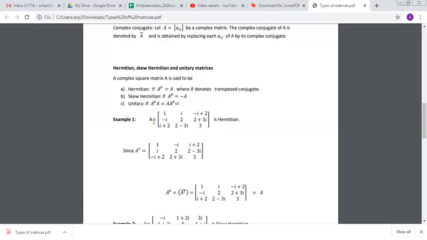Example 1. A equals [1, i, 2-i; -i, 2, 2+3i; 2+i, 2-3i, 3]. Show that A is Hermitian.